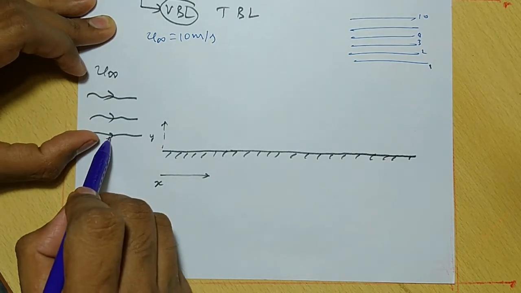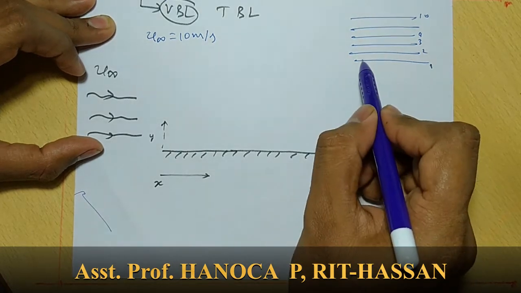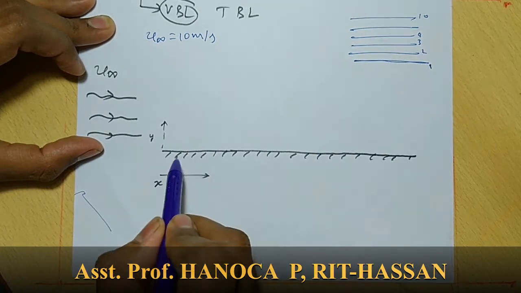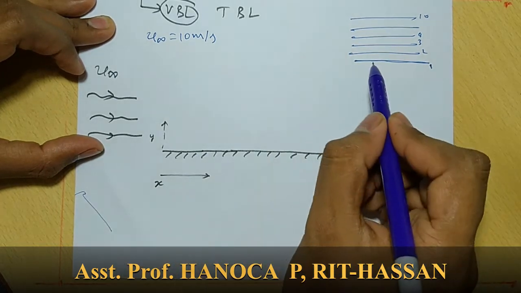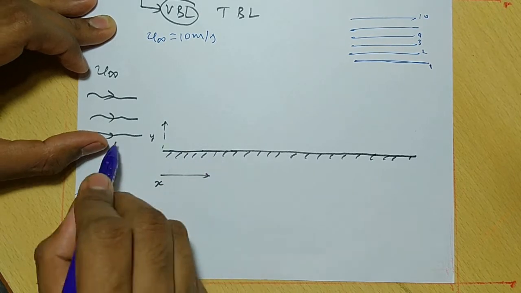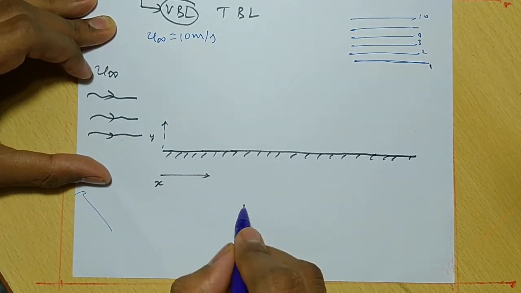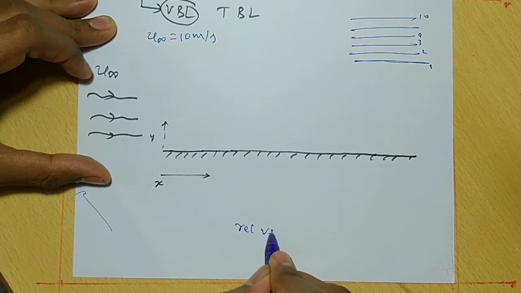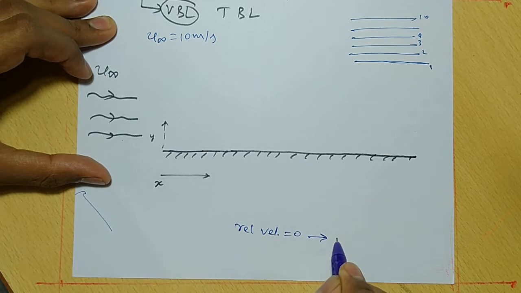When the fluid is moving over the surface, the first fluid layer, when coming into contact with this surface, the relative velocity becomes zero. This you call the no slip condition.